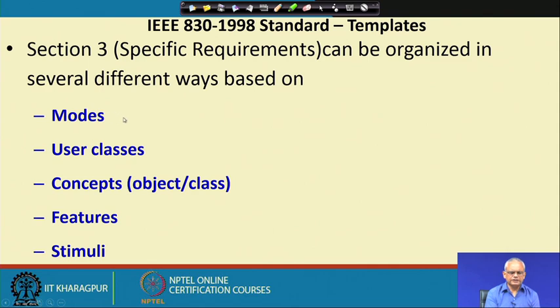If there are modes, then we might have to organize it such that the SRS document is written in terms of the modes. Similarly, depending on different user classes, concepts, features, stimuli, there can be slightly different organization of the section 3. We examined a very typical organization of the section 3, but there can be variations of the section 3.